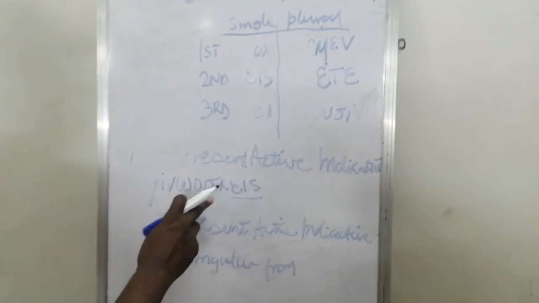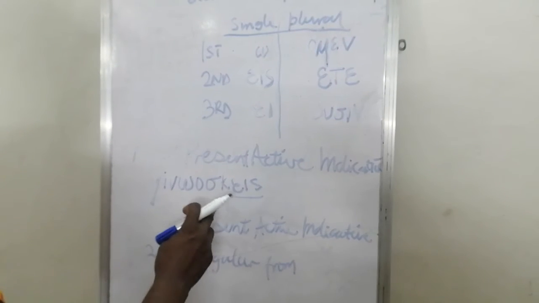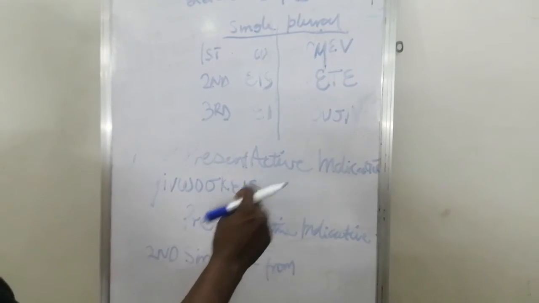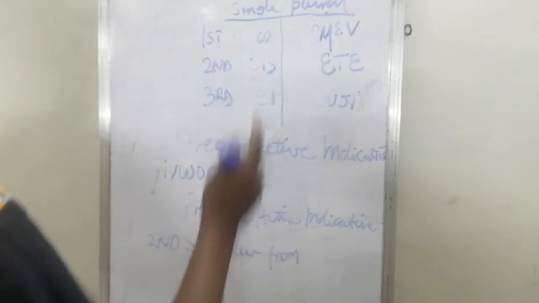Then we look for the root word. To find the root word, we have to take the eis, epsilon, iota, and sigma, and replace it with the omega.